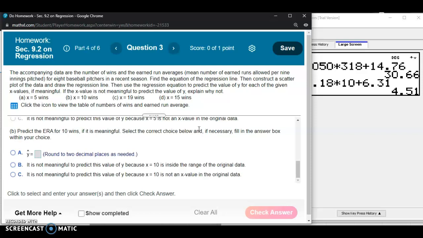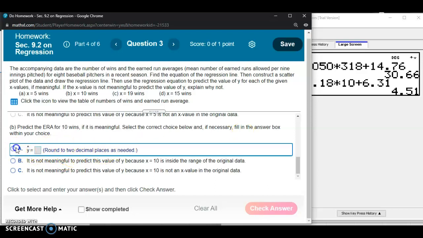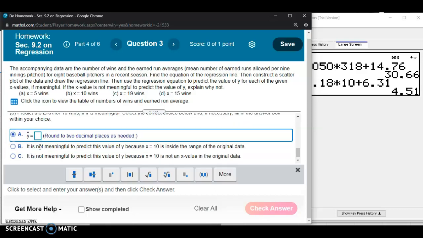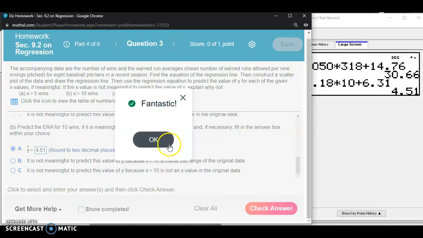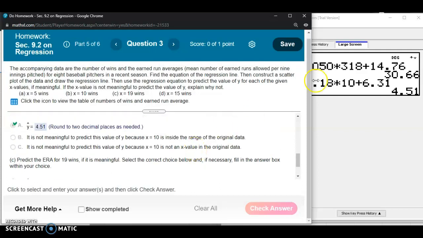So for 10 wins, we would expect an earned run average of 4.51. It says round to 2 decimal places, so our answer is y hat is equal to 4.51. Remember, y hat is your predicted y value. If you're a baseball fan, perhaps you already know that earned run averages can be rounded to 2 decimal places, so earned run averages can take on decimal values.